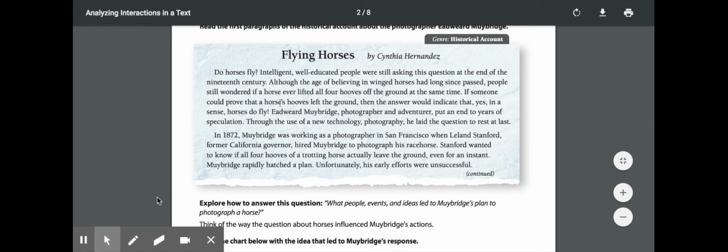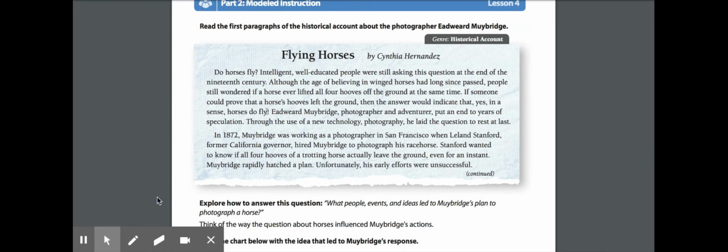If someone could prove that the horse's hooves left the ground, then the answer would indicate that yes, in a sense, horses do fly. Edward Muybridge, photographing the inventor, put an end to years of speculation. Through the use of a new technology, photography, he laid the question to rest at last.